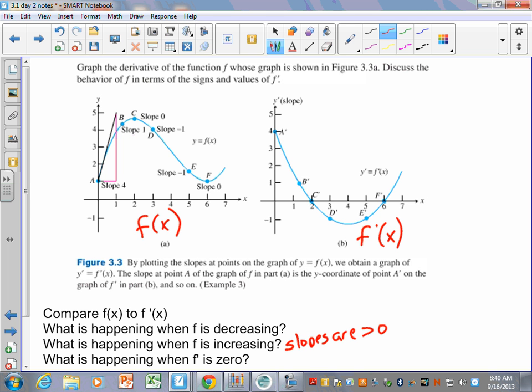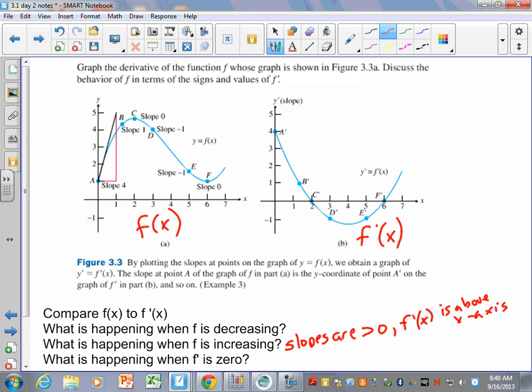So I'm going to say f prime of x, that's the derivative, is above the x-axis, because those are all positive numbers. And again, if you skip over here to after F, it changes back to increasing, and notice after F, it goes back to positive numbers.